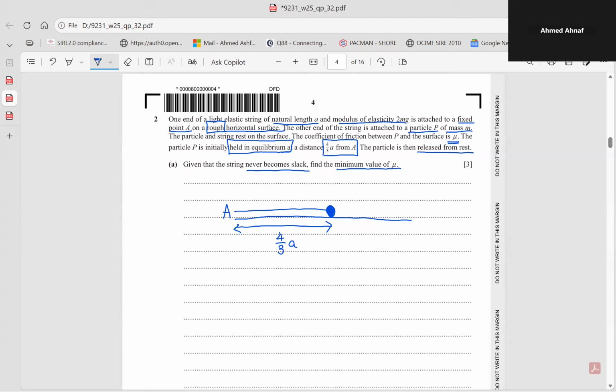Okay, I believe for this we are going to need to... let's try forces. Never becomes slack.